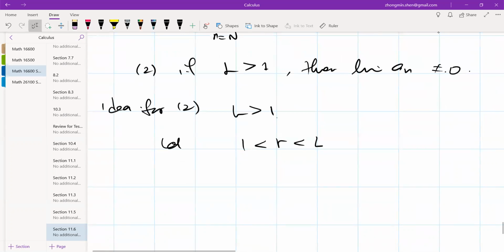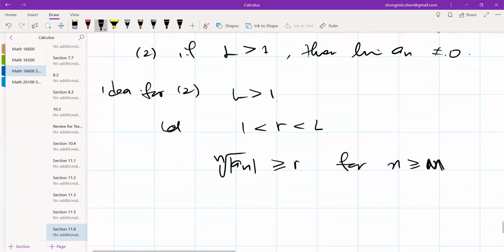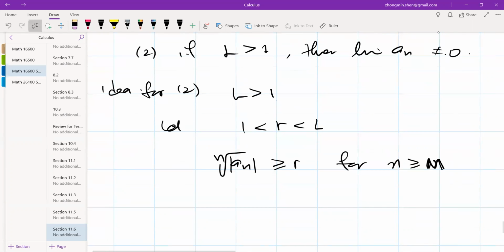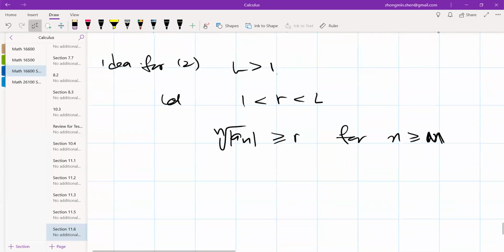Then since the limit is L, the nth root of the absolute value of a_n is greater than or equal to r for n greater than capital M, for very large n, because the limit is L and it's getting close to L. It's greater than r, and r is fixed. Then from here, imagine this is greater than or equal to r to the power n.